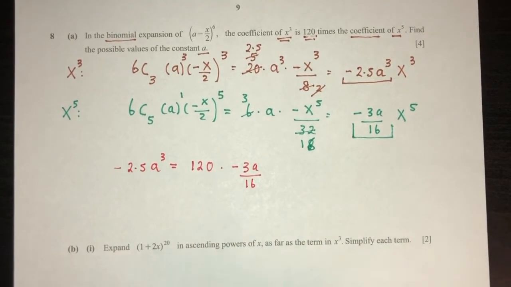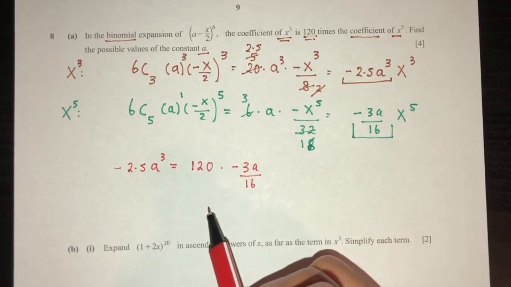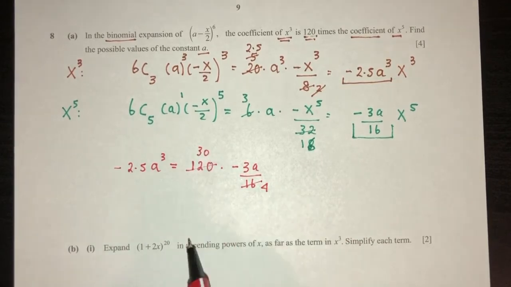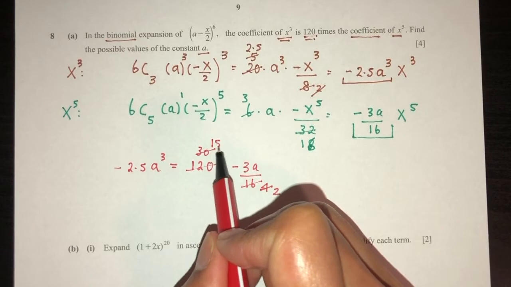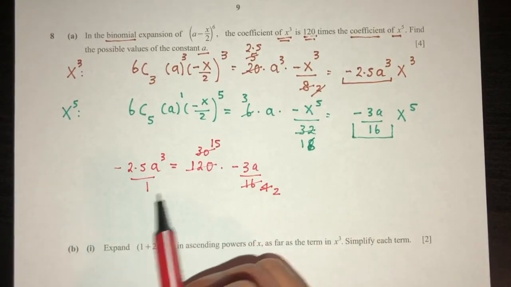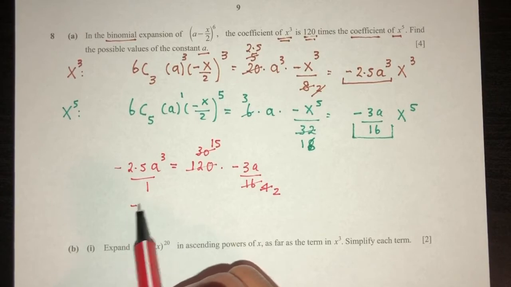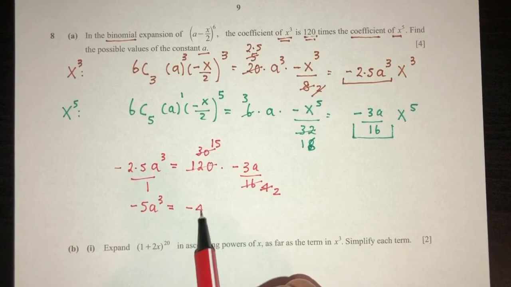Let's solve. Let's try to divide by 4 first. You will have 4 here, here you will have 30. Divide by 2, you will have 2, and here you will have 15. And then here you have 1. We can cross multiply, send 2 here, and you will have minus 5 a cubed is equal to minus 45a.